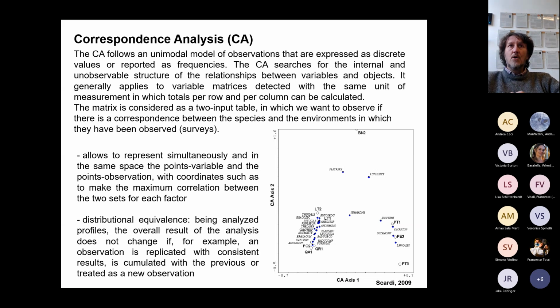This analysis follows a unimodal model of observations that are expressed as discrete values or reported as frequencies. The correspondence analysis searches for the internal and unobservable structure of relationship between variables and objects.